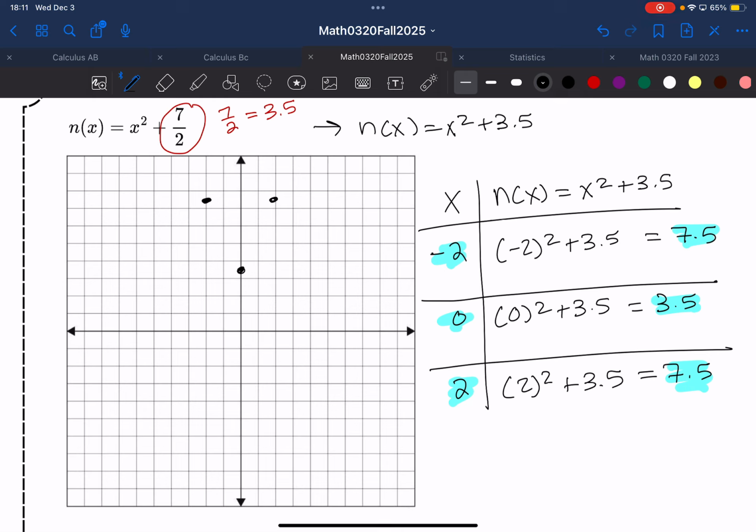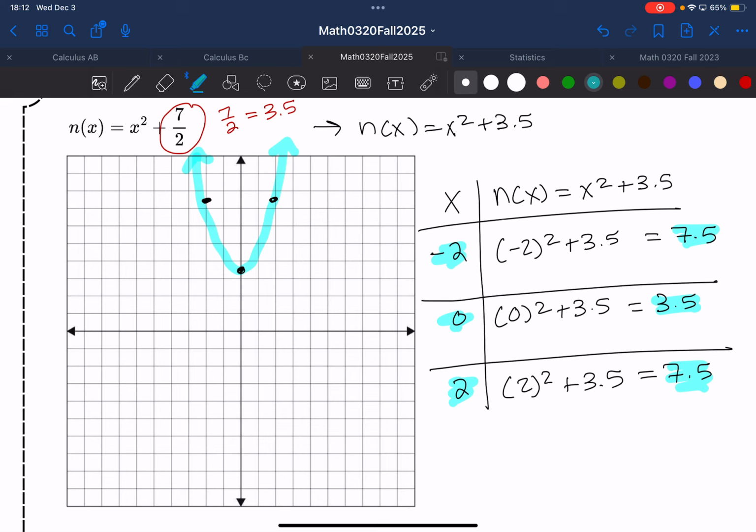Okay, so if you chose different numbers, your points probably don't look like this. But once I draw this, it should look similar to what you drew. So if you plugged in 1 or -1, I'm assuming you probably got around 5.5. Yes. Around there.